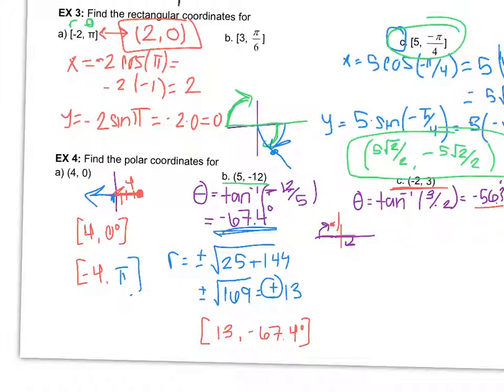So with this one, we can use a negative rotation, but that means we would have to choose the negative value of r as well, because if I rotate negative 56.3 degrees, I'm facing away from the coordinate that I want to represent.